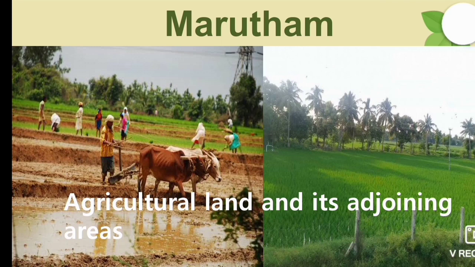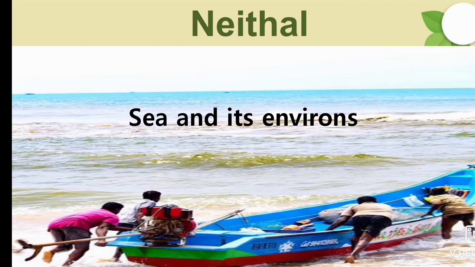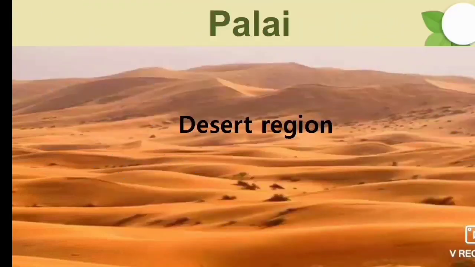Adjoining means the nearest area. Otherwise, the plain area is known as Marutham. Next is Neidal. Sea and its environs is known as Neidal, which means the sea and its nearest area. And Palai. Desert region is known as Palai.